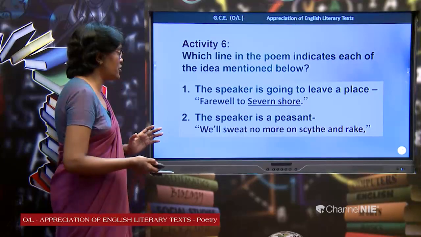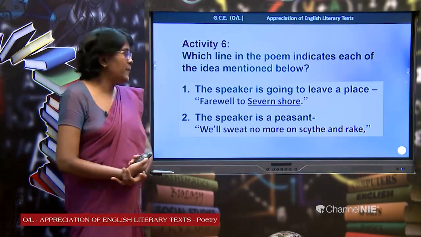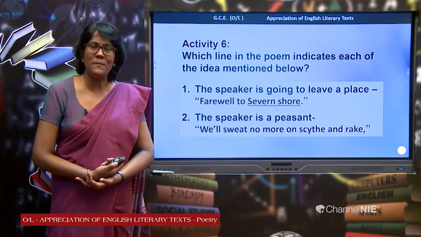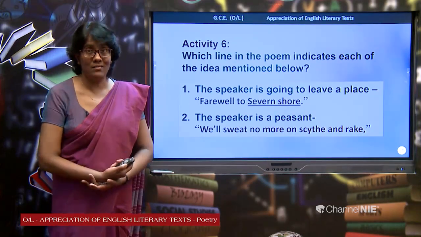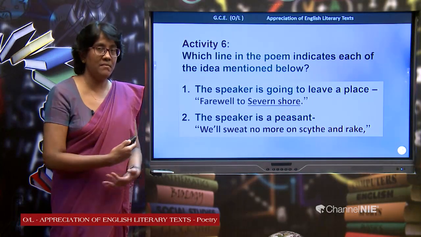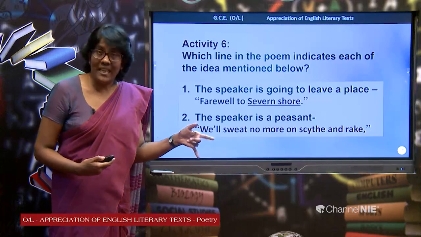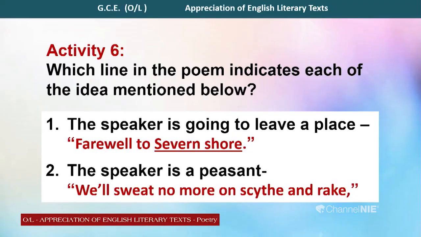Farewell to Sevanshu. Then the next one, the speaker is a peasant. Who is a peasant? A farmer. The speaker is a farmer. How do you prove that? By referring to the poem, there is one line, we'll sweat no more on scythe and rake. The speaker says, we'll sweat.